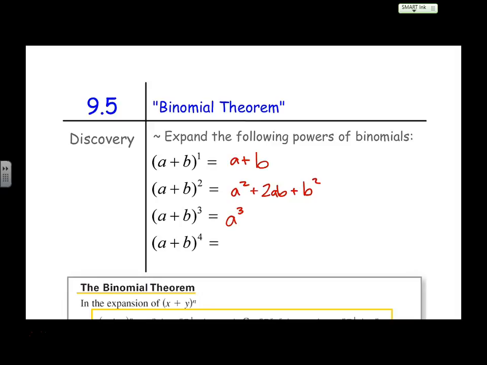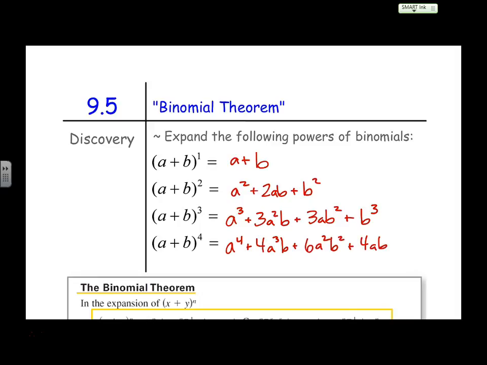You would have to do that polynomial multiplication 3 times. But guess what? There's a simpler way to figure out what's going on. And guess what? I can keep a certain pattern going for as long as I need.